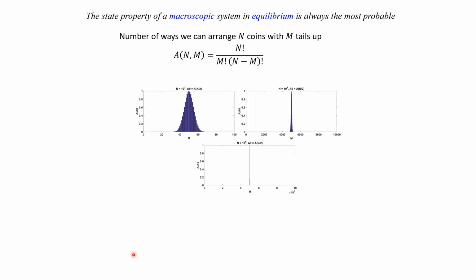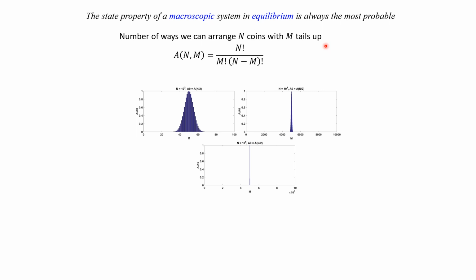Now, to check if this principle is true in a macroscopic system, let's suppose again that we have a system of coins, and now we have n coins in our system, and we're going to plot histograms of the system, which gives in one axis the number of ways we can arrange n coins with m tails up.